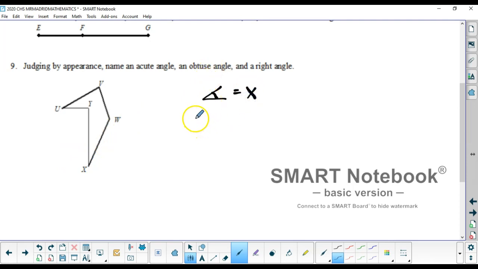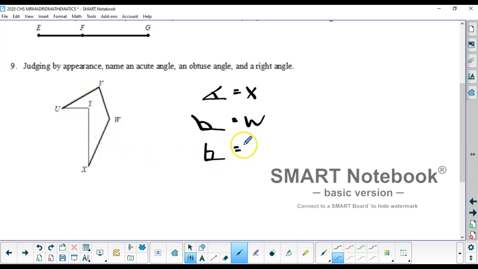Then obtuse is over 90 degrees. So we can say W, that's for sure. And then a right angle. Right, in case it's close, we put that little square to indicate it's 90 degrees. And this would definitely be, who else?